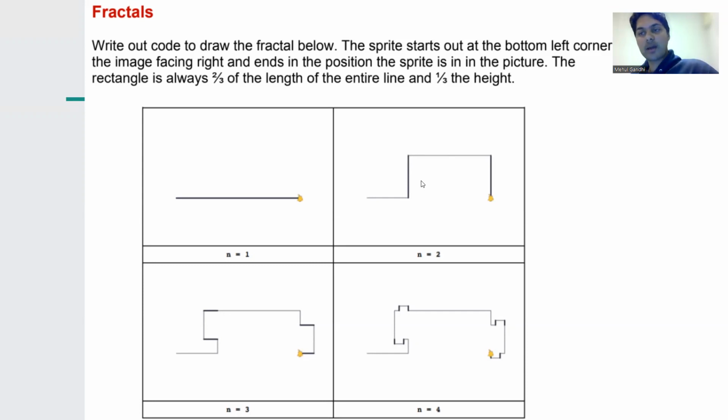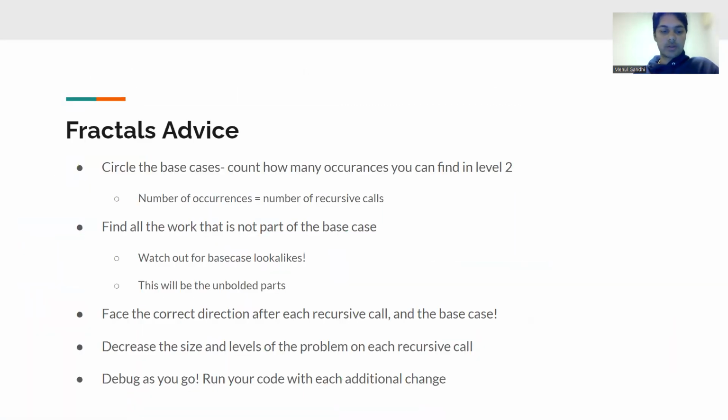Instead of writing all the code out for the whole n equals two case and then trying to debug, which is a bit harder, checking each part at a time is easier to debug. So essentially, debug as you go and double check your work after each line of code you write. That is my suggestion.